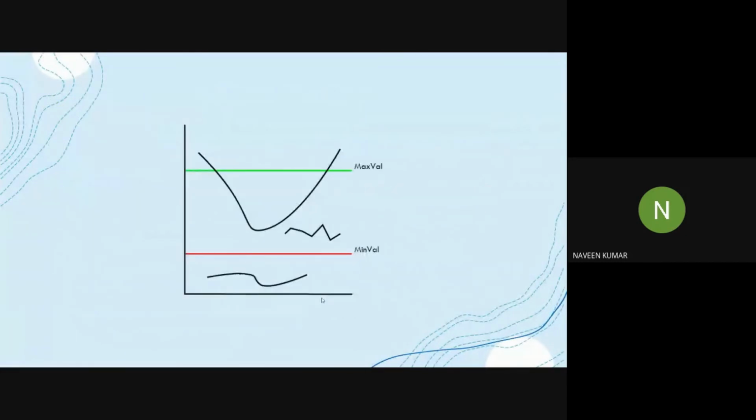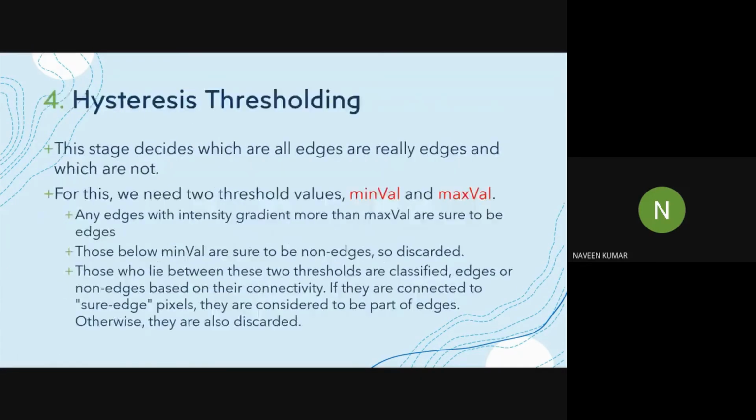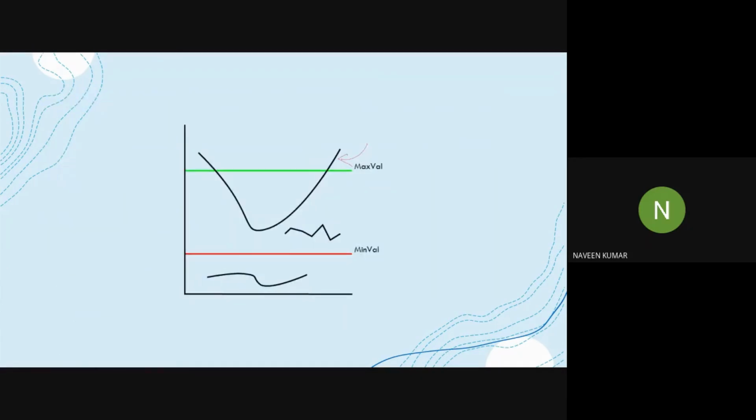So suppose this is our image. Everything above this max val is considered to be a sure edge. So this is a sure edge, and this is also a sure edge.